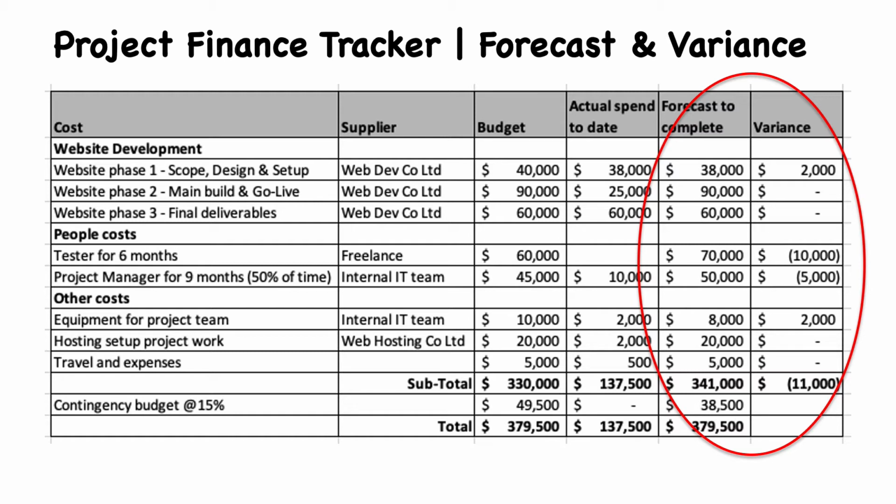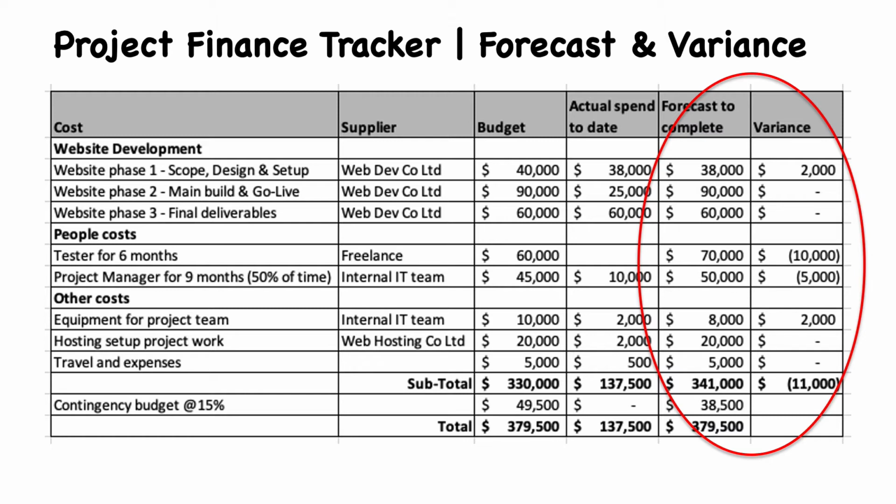Interestingly, lower down here in the people costs, it looks like we're going to need the tester for a little bit longer than we originally budgeted for. So it looks like we're going to overspend here. There's a variance here that we can see of £10,000. So we're forecasting an overspend.